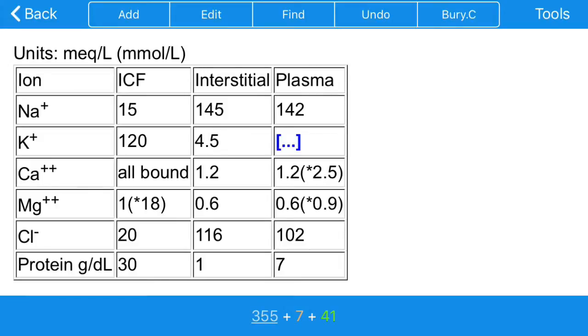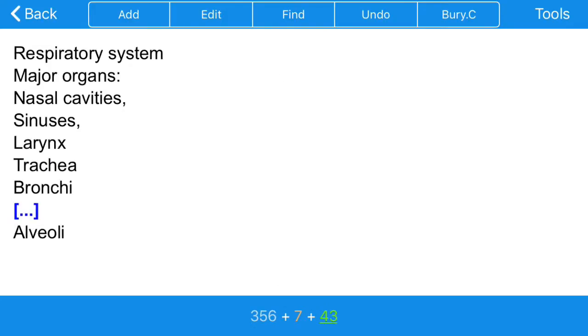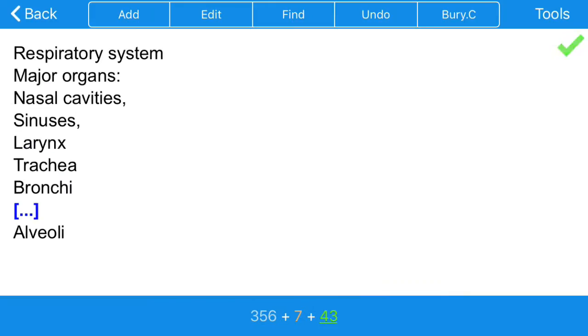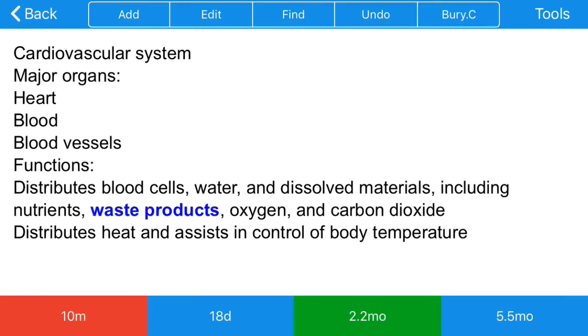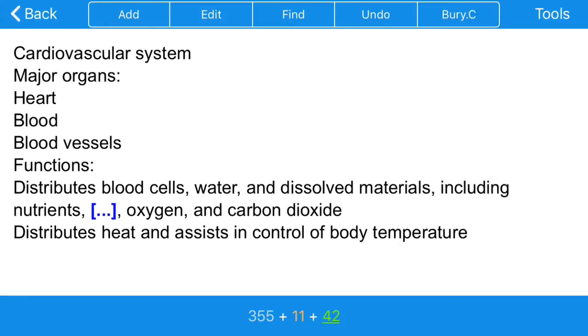Why do I have 7 on learn cards now? Hold up. Oh, I see what's going on.